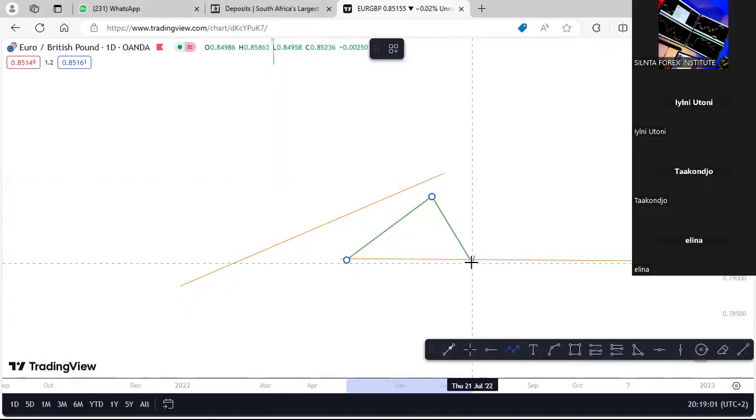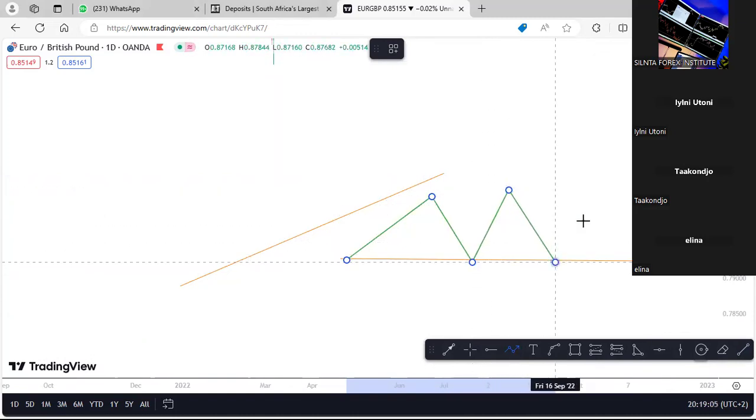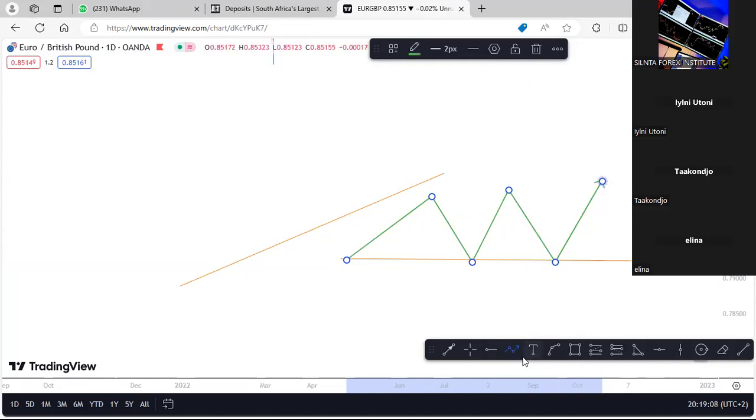It will go up, come back to the same level, go up again, come back to the same level, and then go up. When you realize this kind of behavior, this is your interesting area. You wait for the price to come here, then you look for a buying opportunity going up.